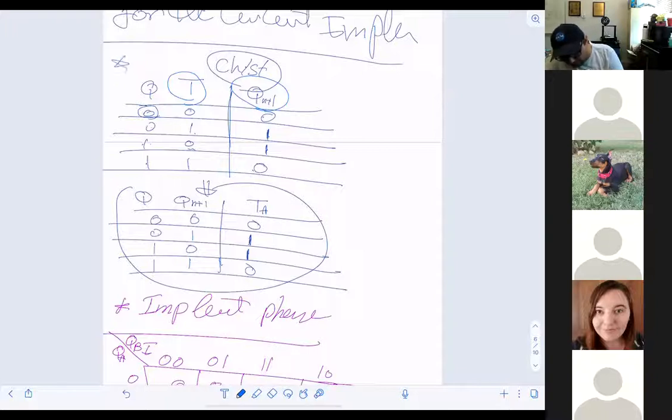The characteristic table of T, right? You understand what I'm saying? This one, this one, this one.